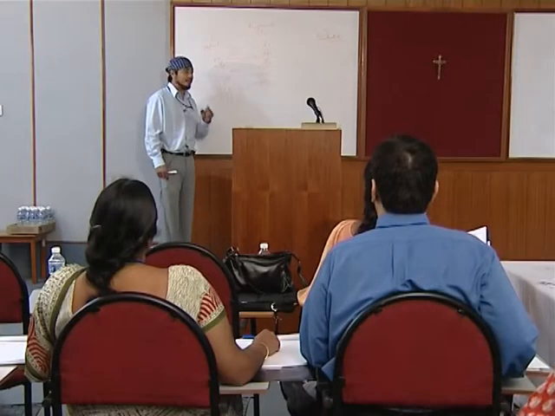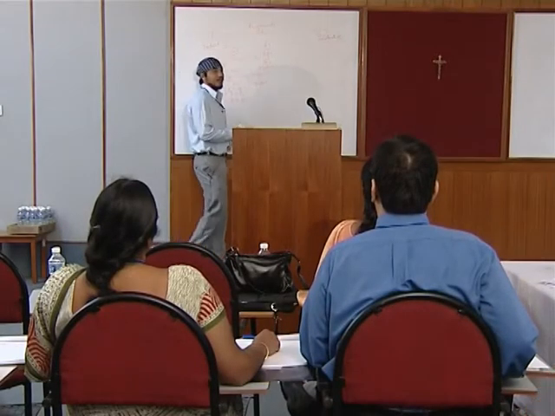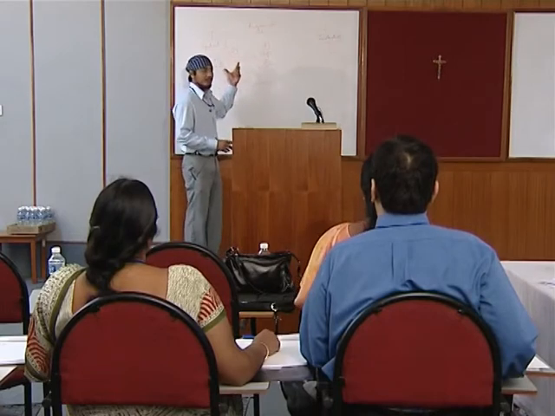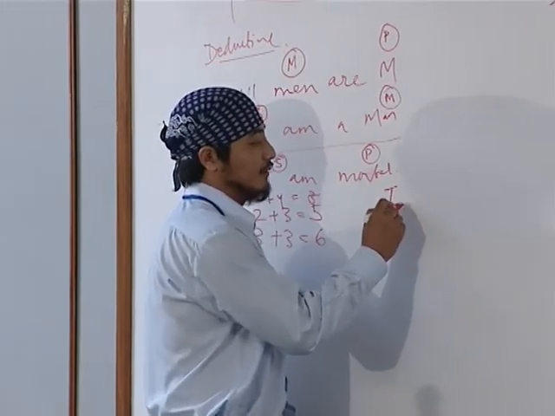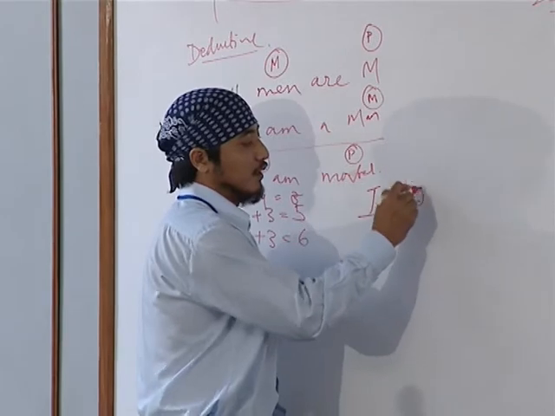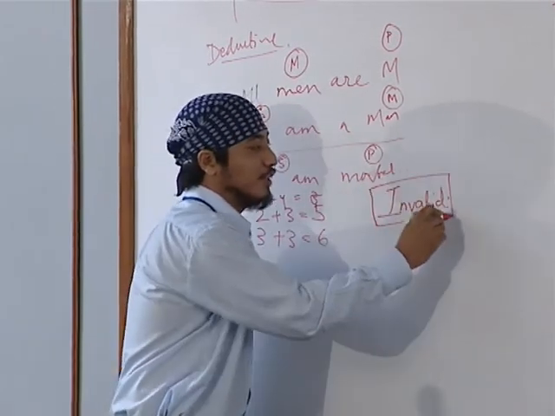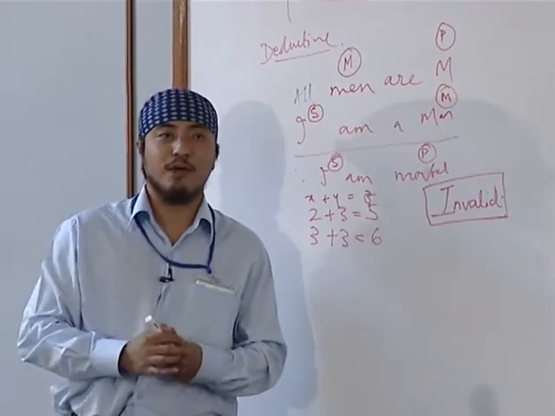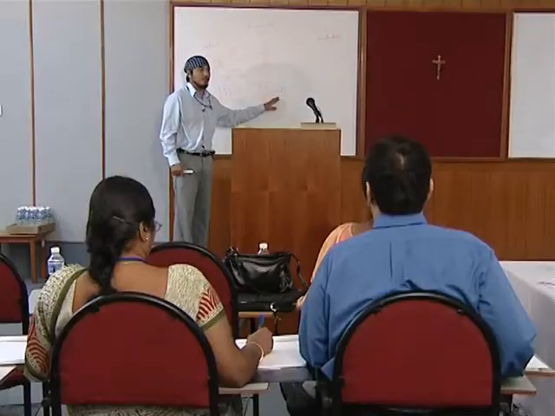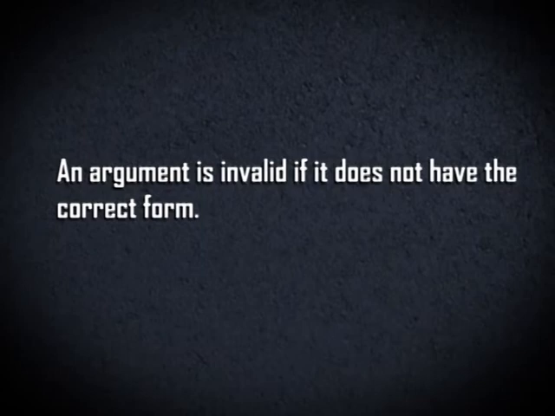And you come to realize that this is not the form that it has. In that case, we say that the form of this deductive argument is invalid. Now these are technical terms used very specifically, so you have to take this into account. So an argument is invalid if it does not have the correct form.